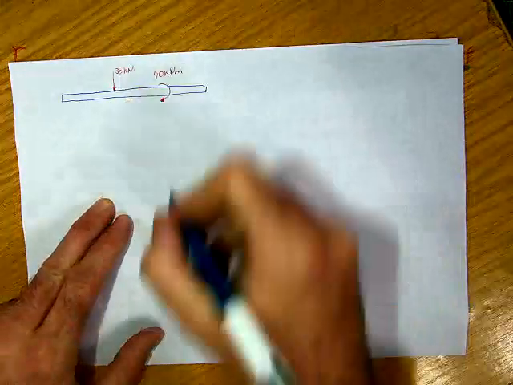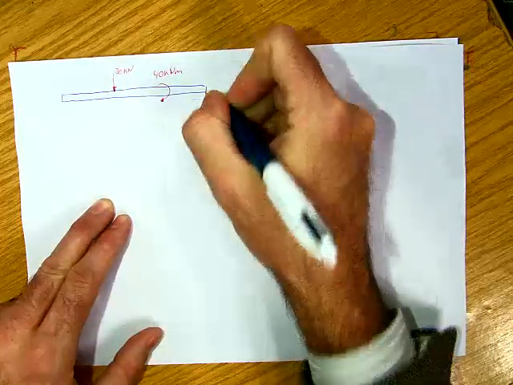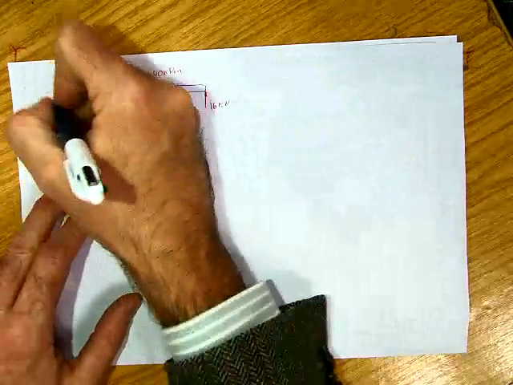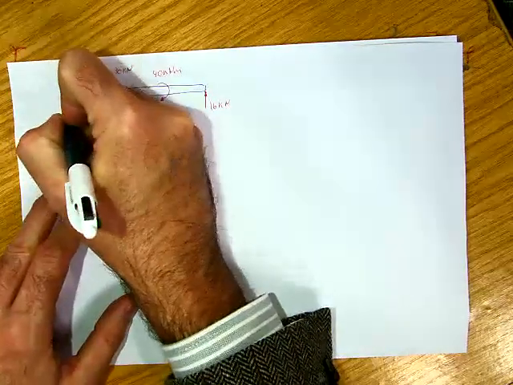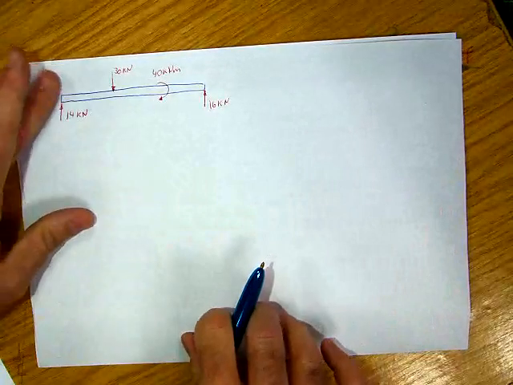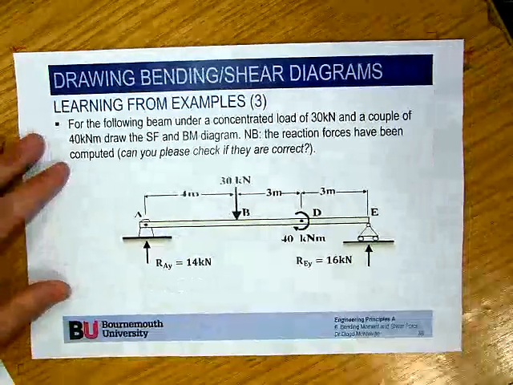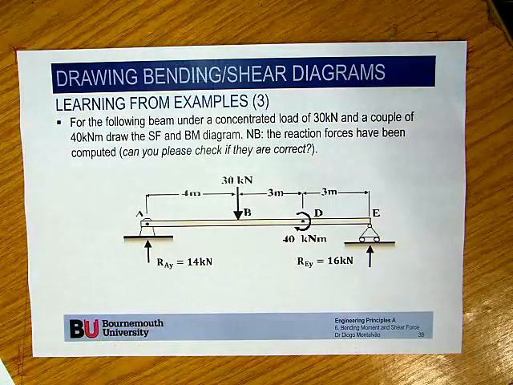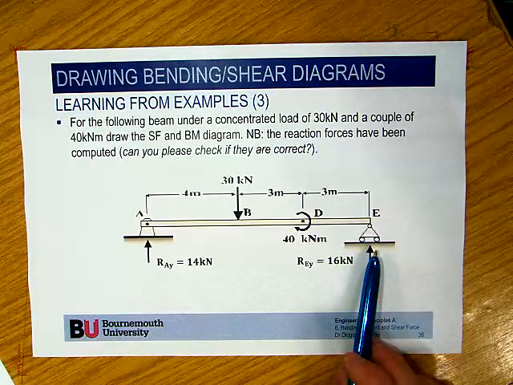Then I have the reactions, one at E, which is 16 kilonewton, and another at A, which is 14 kilonewton. If you look at the supports, here I have a pin support, and here a roller support.